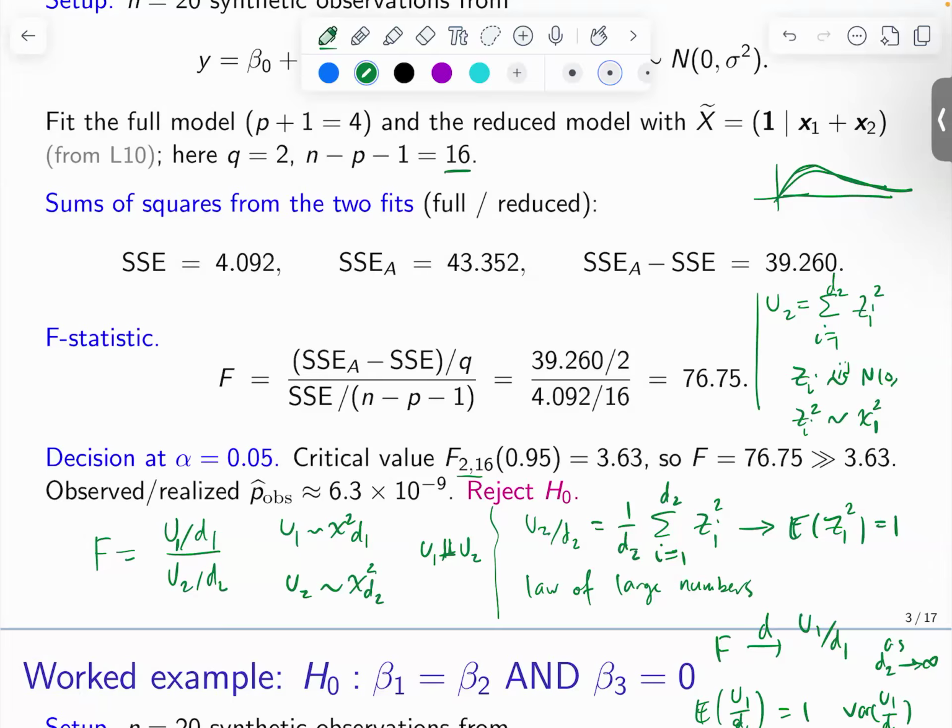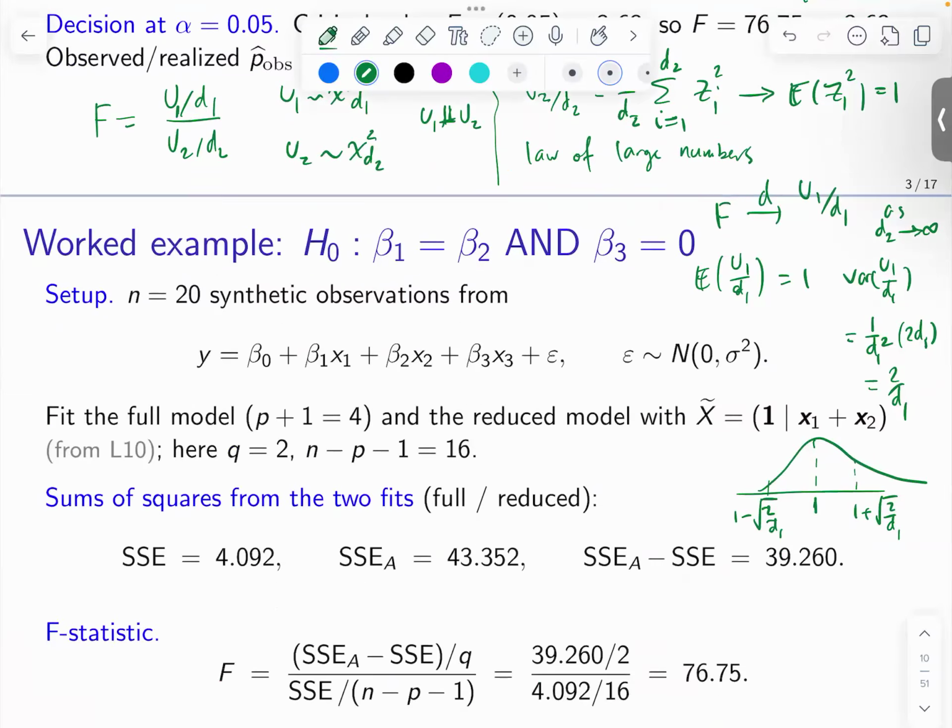So if I assume that this is infinity, then what is it? D1 in this case would be 2. So I'm looking at F with 2 and 16 degrees of freedom. So this roughly behaves like a variable which varies in 1 plus or minus 1. So 2 divided by D1 would be 1.